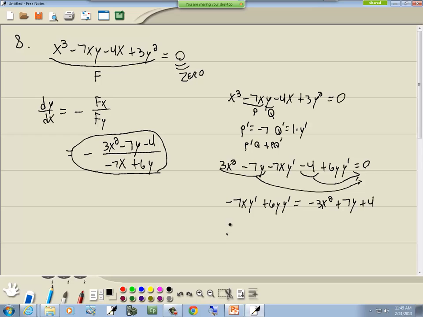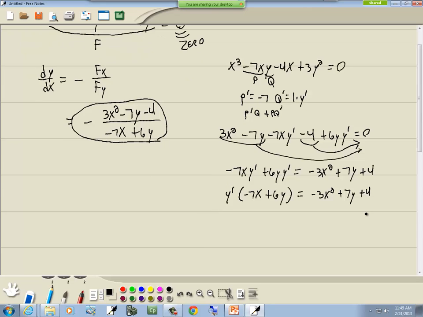We'll factor our y prime out, and that gives us negative 7x plus 6y is equal to negative 3x squared plus 7y plus 4. And then we'll divide both sides by what's behind our y prime, and we get y prime is equal to negative 3x squared plus 7y plus 4 over negative 7x plus 6y.